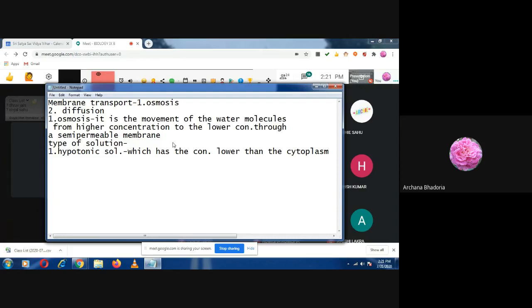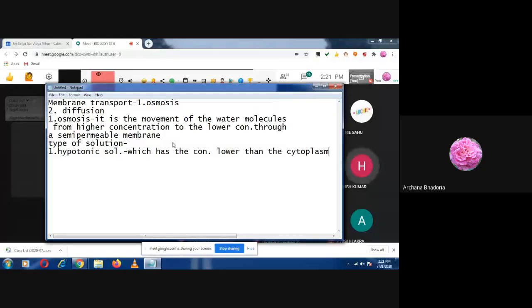And the water will be less or more? More water. If the water is more, then there is more water outside in comparison to the cell cytoplasm. So where will the water move? Inside the cell.